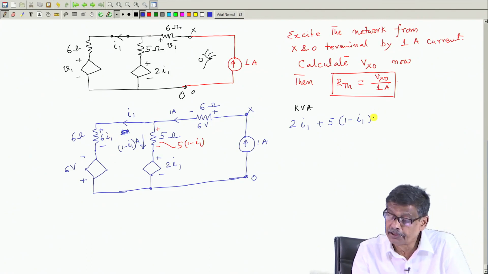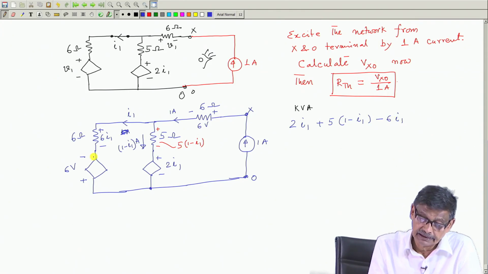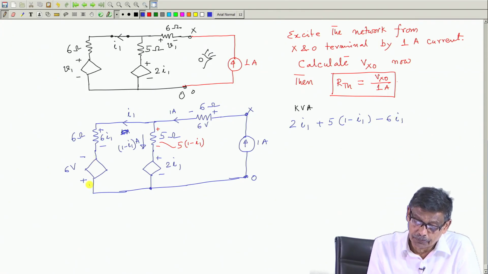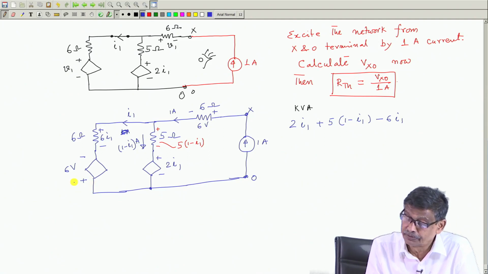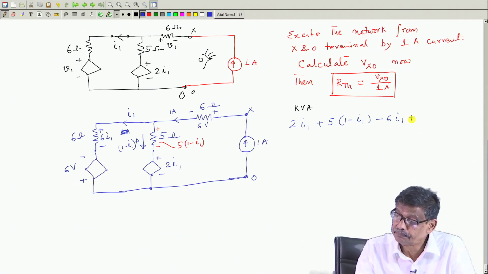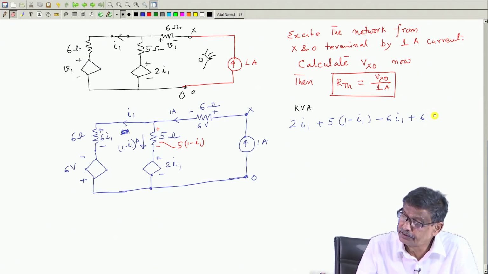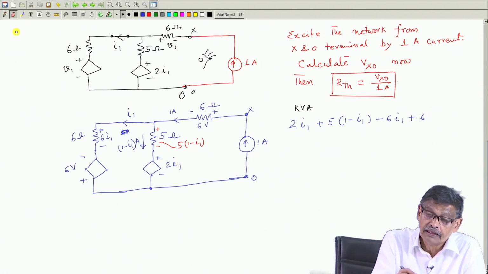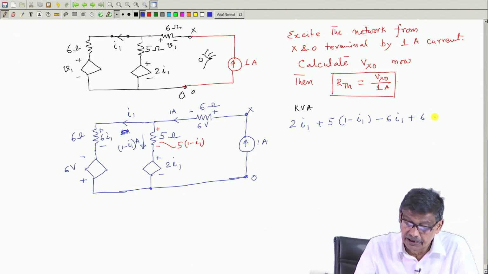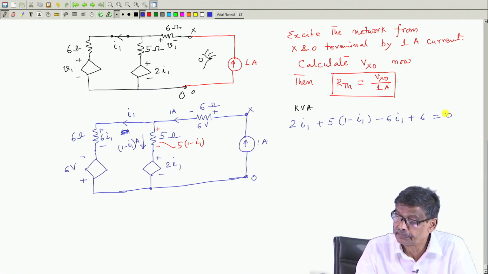So, that must be minus 6 I 1. Then once again minus to plus, and that is plus 6 volt, and you have reached this point. So, this must be equal to 0.